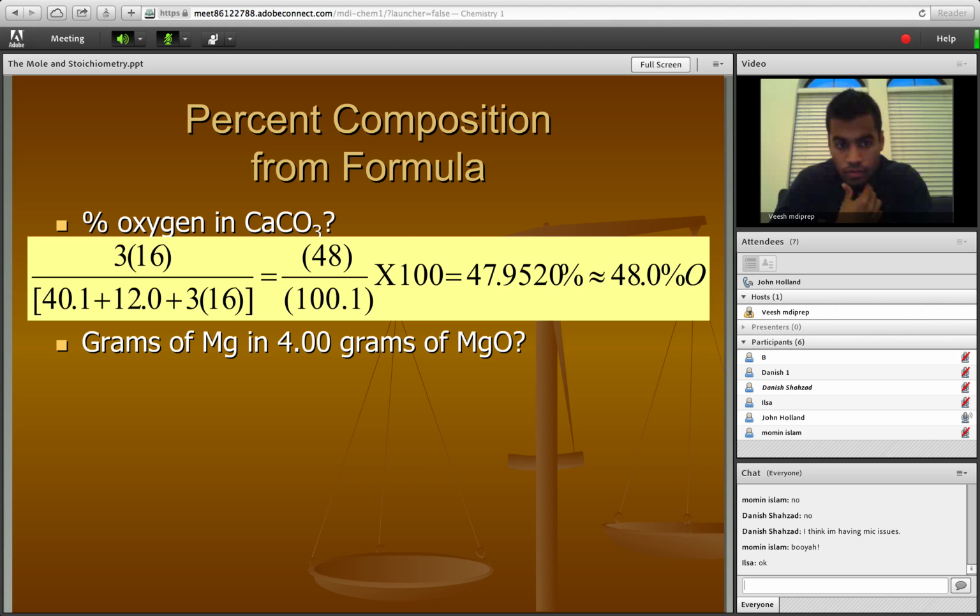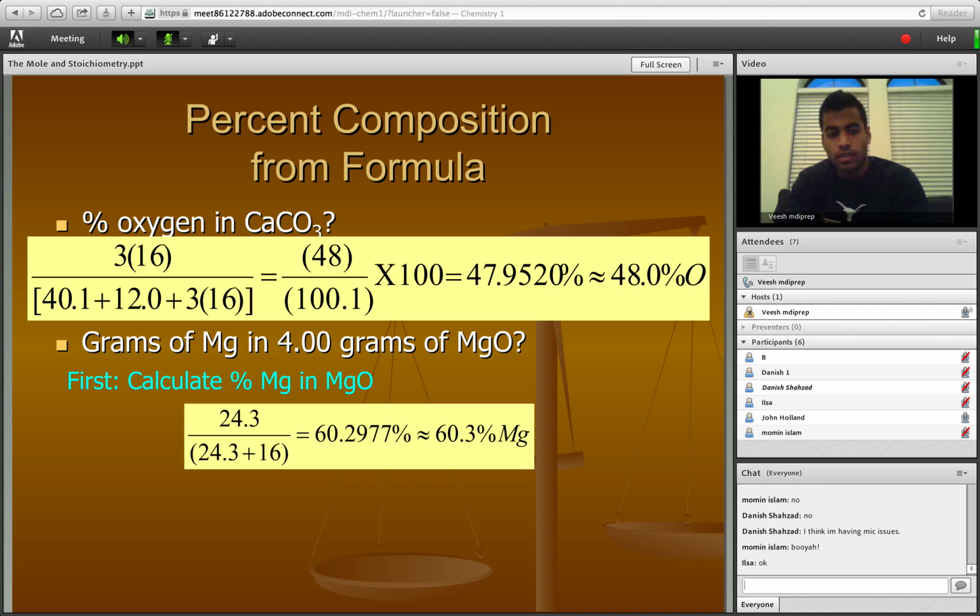The molecular mass is 16 plus 24.3. So you divide 24.3 divided by 40.3 to get the percent of Mg, and you multiply that by 4 grams to get 2.4 grams.